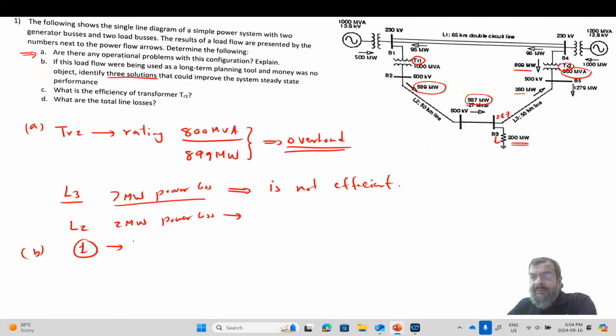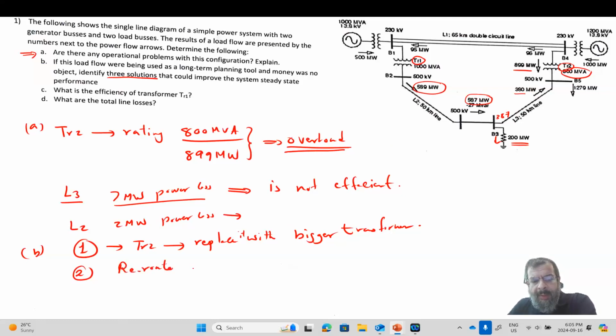One thing clearly for TR2 is to replace it with a bigger transformer, to accommodate this overload. Number two, you can also reroute the power through TR2.